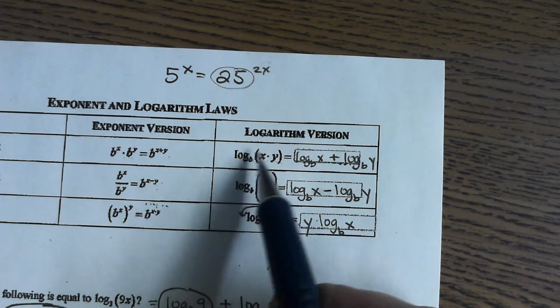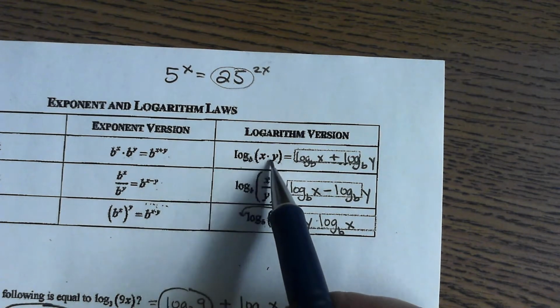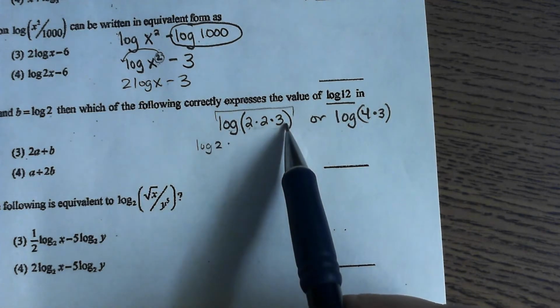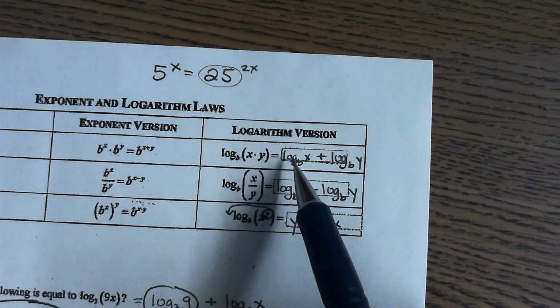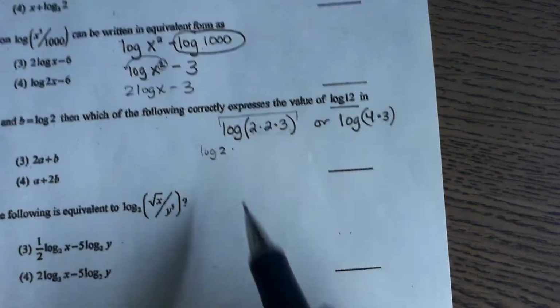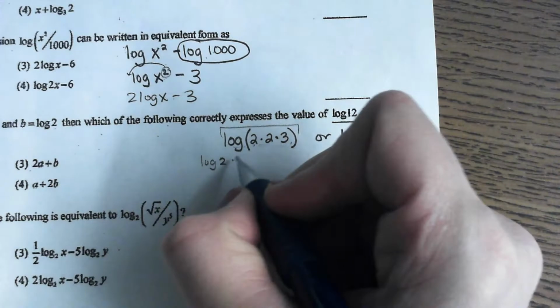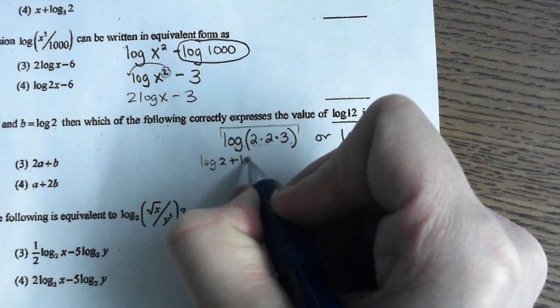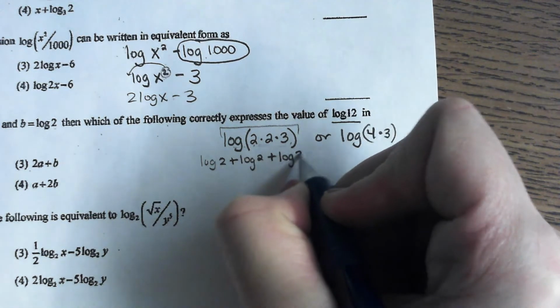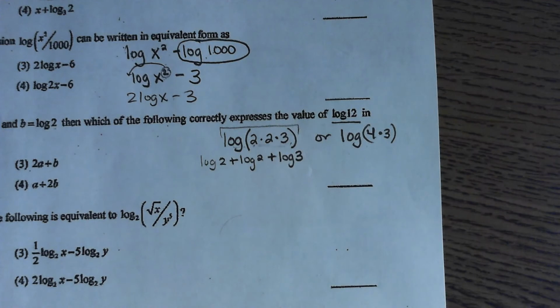We're looking right now at a single log of multiplications. Agreed? It splits into a bunch of logs being what operation? Addition. So log of 2 plus log of 2 plus log of 3. Does that make sense?